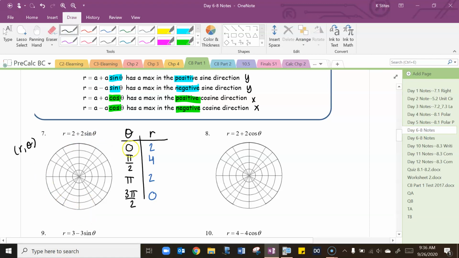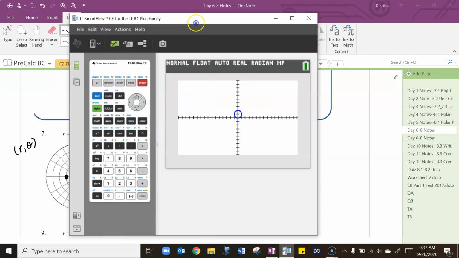So when theta is 0, I have a radius of 2. When theta is pi over 2, I have a radius of 4. When theta is pi, I have a radius of 2. And when theta is 3 pi over 2, I have a 0, which is here. Now, when you graph this, now I'm going to type it in.